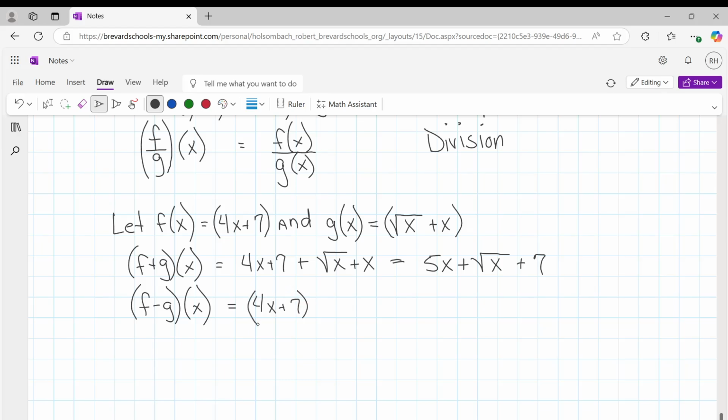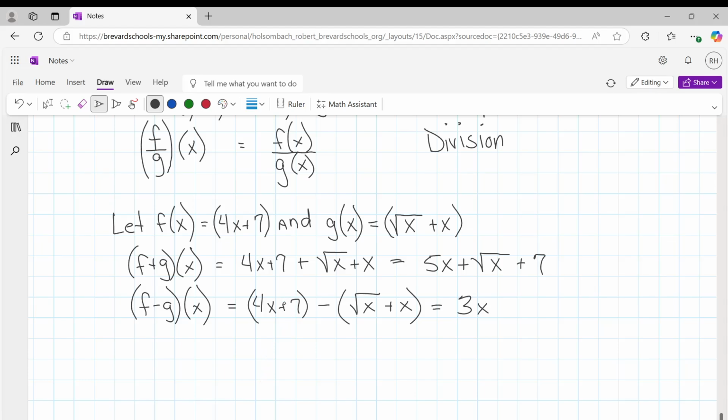Now, when you're dealing with subtraction, I like to put these binomials or whatever I'm subtracting in parentheses. And we're going to subtract from it square root of x plus x. All right, so now what we have is a 4x minus x. And 4x minus x is 3x.